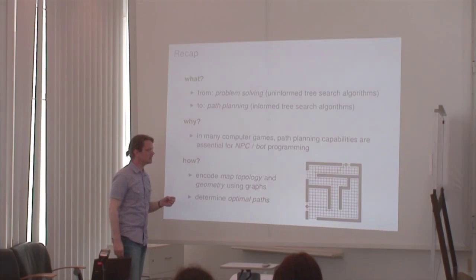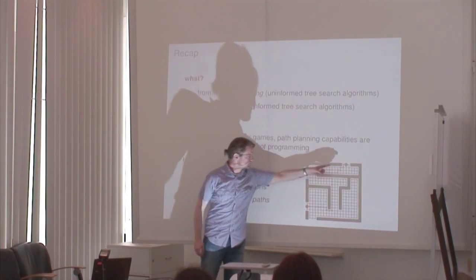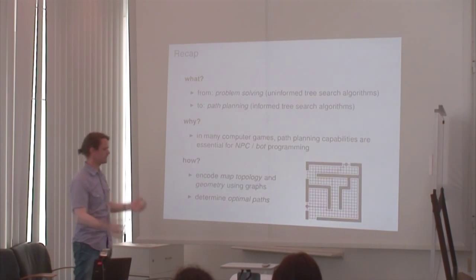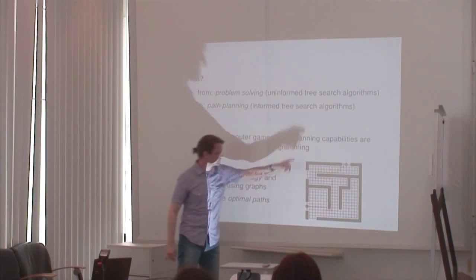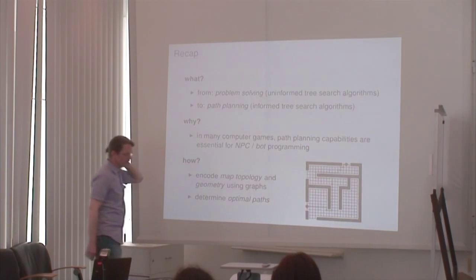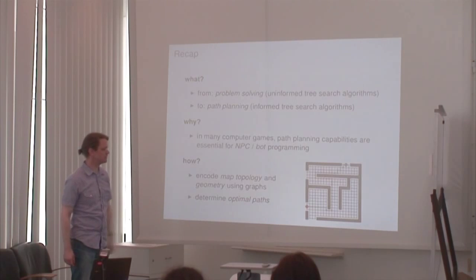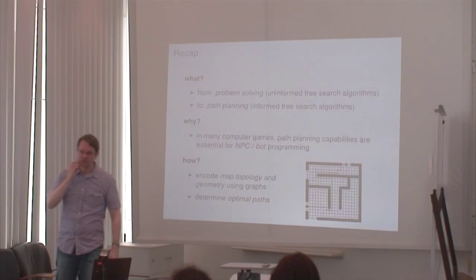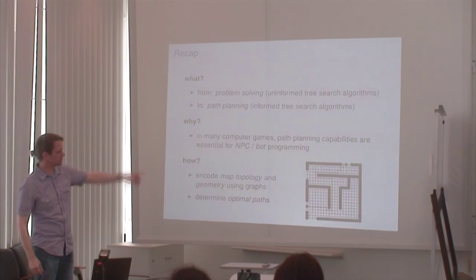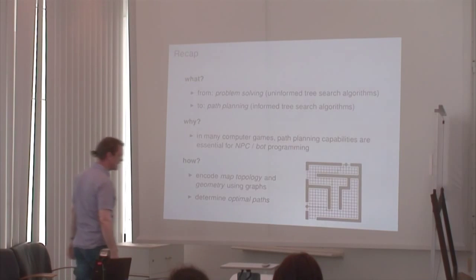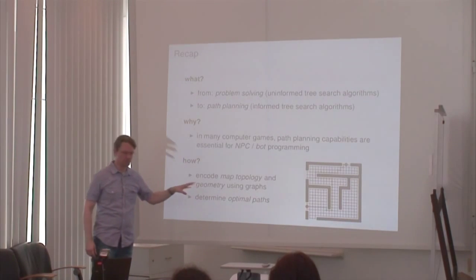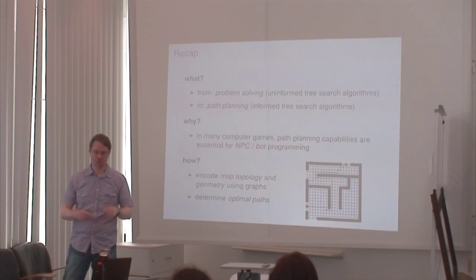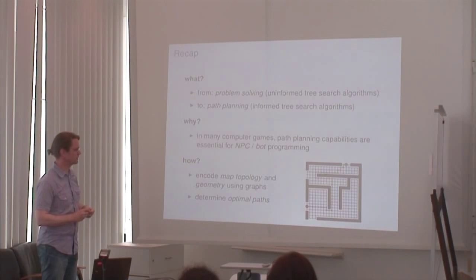And the problem might be to reach this point from this point. So, for some reason the non-player character has to get from here to there. The question is how to do that. If we represent this map using this graph, then we talked about the idea that this problem of finding a way from the red dot to the green dot can be cast as the problem of determining an optimal path in this graph, where the red dot would denote the source node and the green dot would denote the target node.